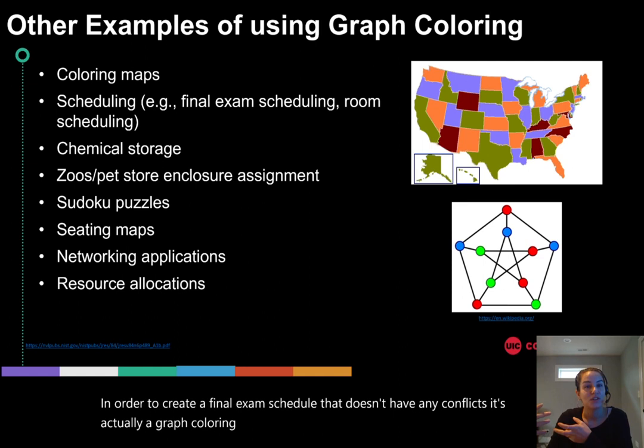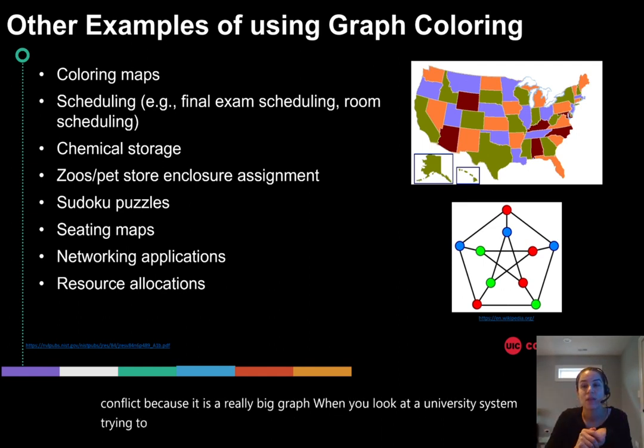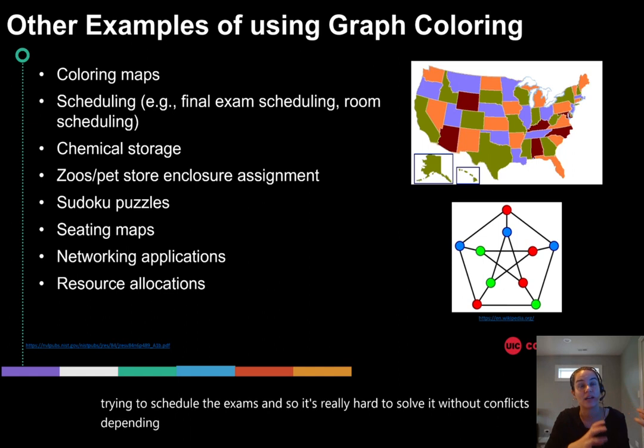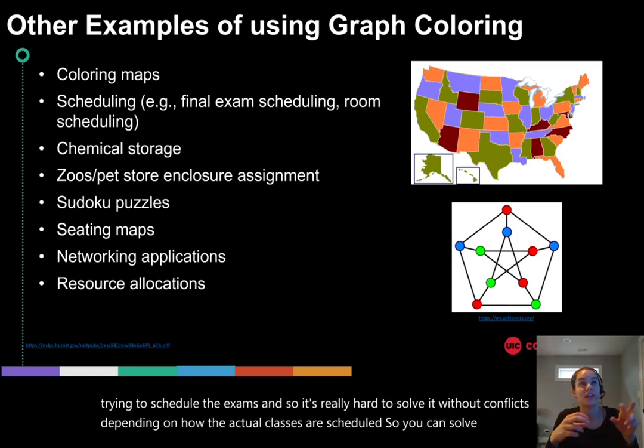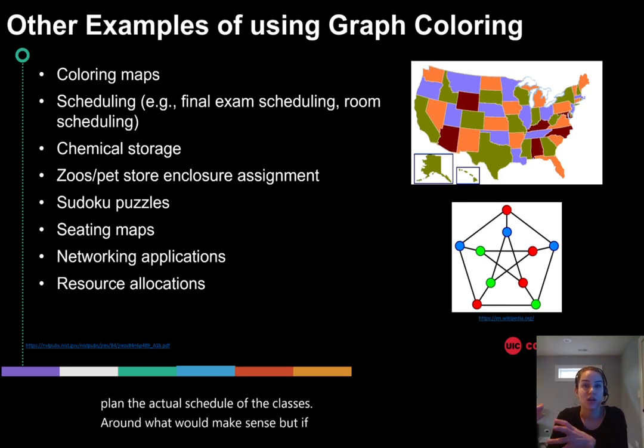And that's why it's so hard to do without conflict, because it is a really big graph when you look at a university system trying to schedule the exams. And so it's really hard to solve it without conflicts depending on how the actual classes are scheduled. So you can solve it well if you plan the actual schedule of the classes around what would make sense. But if you don't, it's really hard.